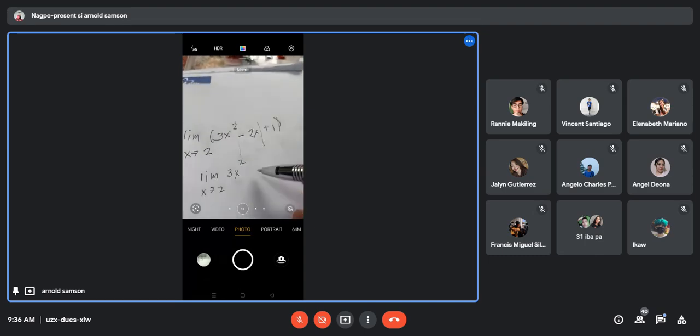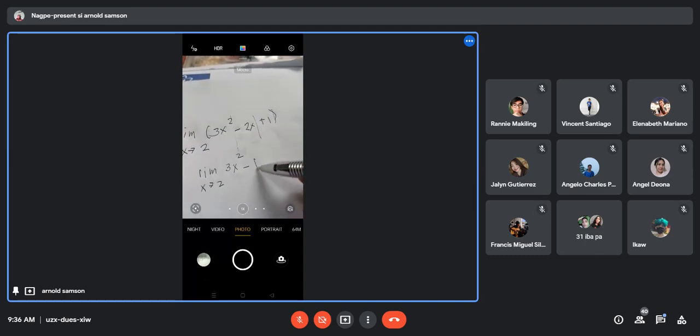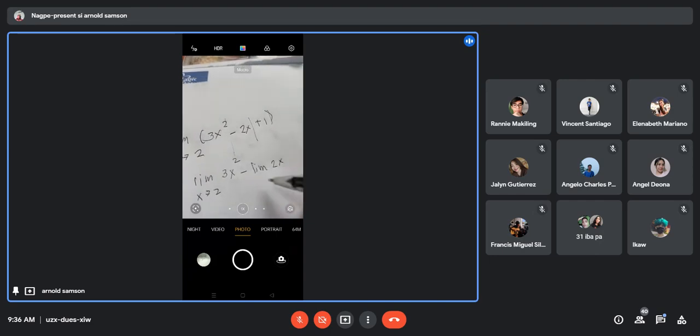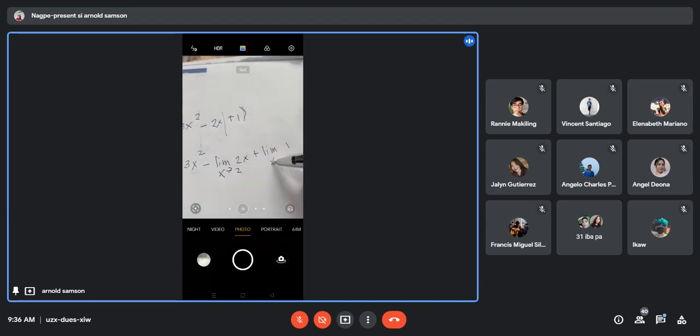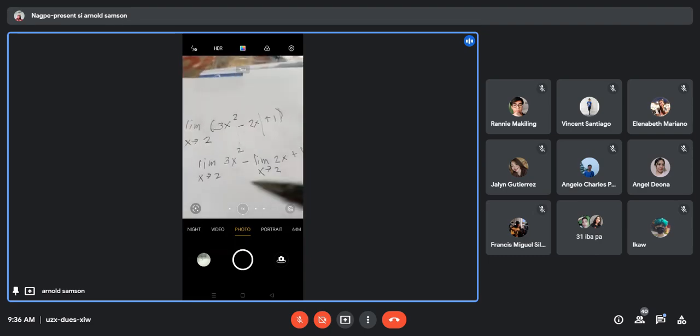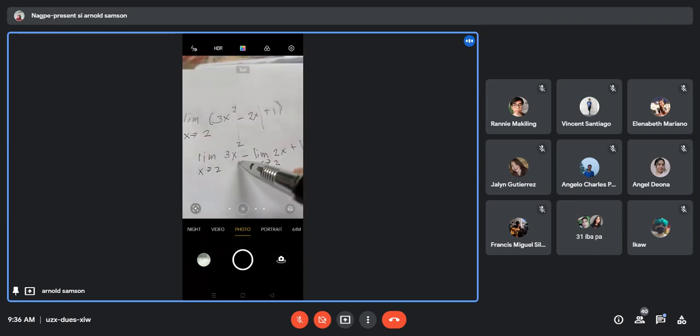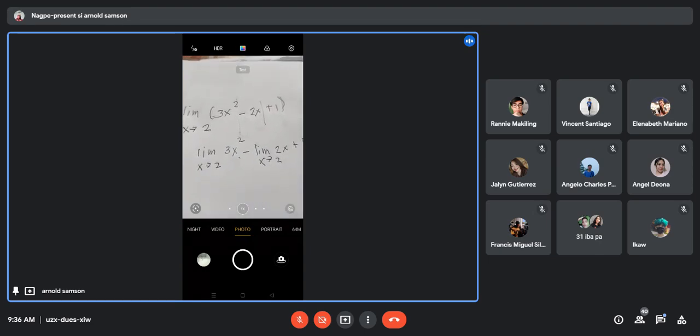Minus the limit of 2x when x approaches 2, and plus the limit of 1 when x approaches 2. Now, the limit of 3x squared is not yet simplified, because it falls under the limit of a constant multiplied by a function.